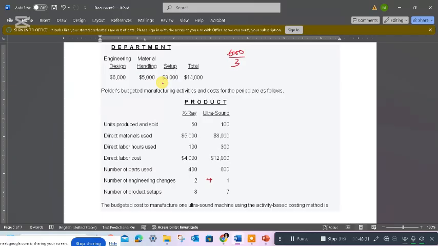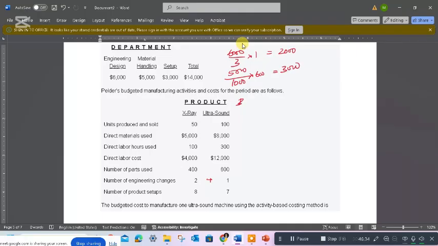And then I'm going to multiply that for ultrasound. How many changes for ultrasound? 1. So that's going to be 2,000. Next one, 5,000 material handling. Regarding material handling, what do we have? Number of parts used. Number of material parts used, 400 plus 600, 1,000, multiply by 600. So that's 3,000 for ultrasound.